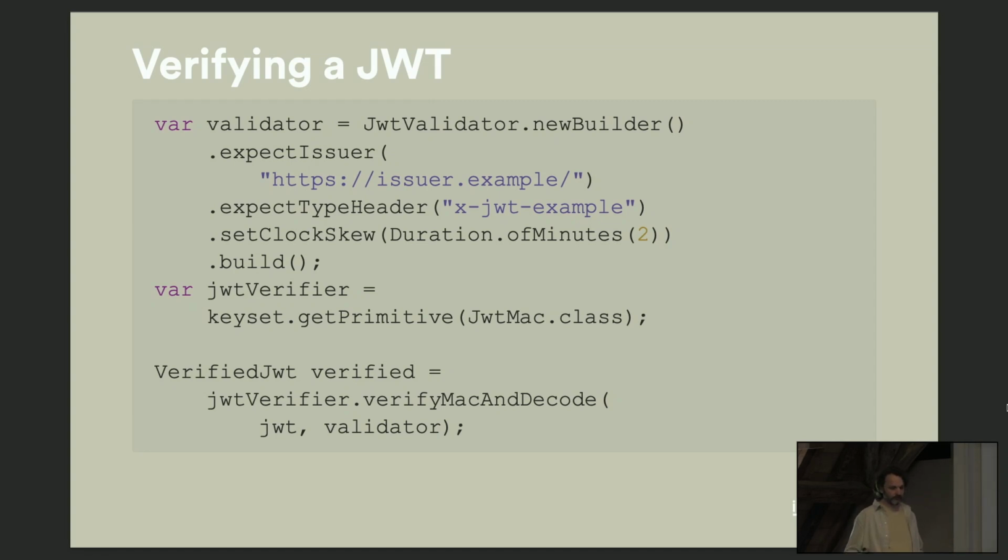And only when all those are satisfied is it going to return this thing called a verified JWT. So again, it's returning a specific type that says this has been verified. And that verified JWT is the only class that actually allows you to access the data in the JWT. So the rest of your application then can just accept one of these verified JWT types throughout your code, and you know that you can't possibly have got that without having checked the signature.